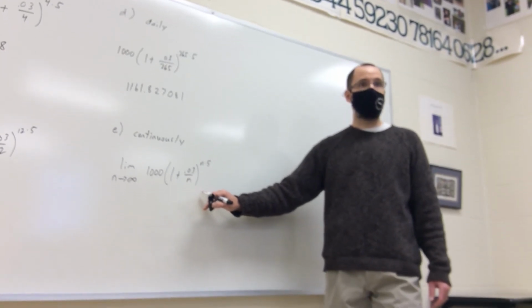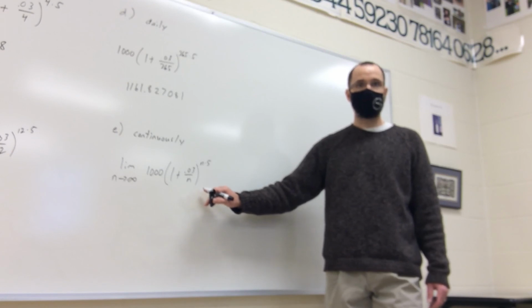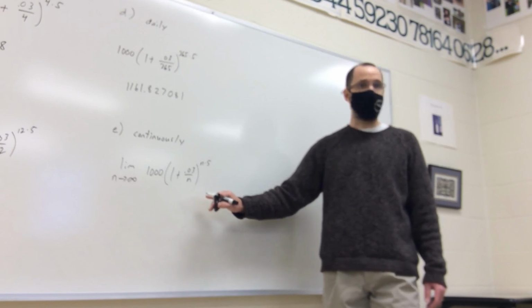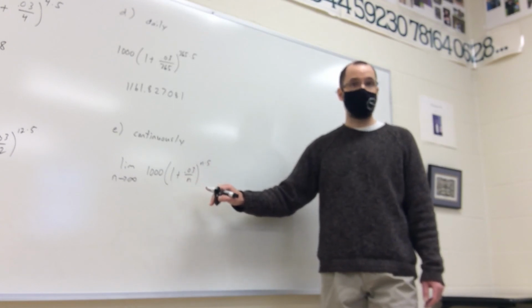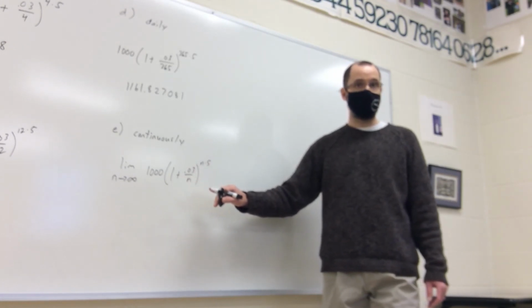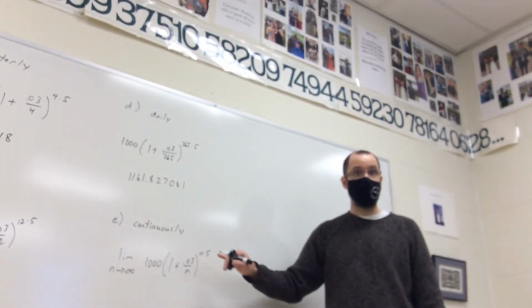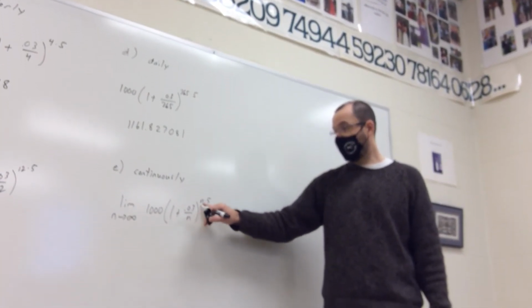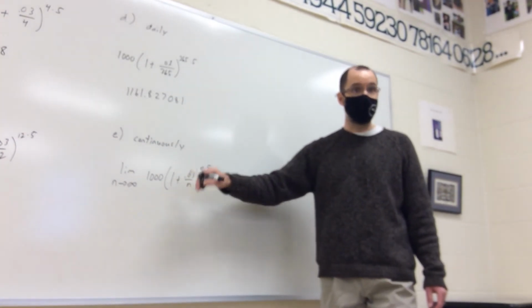So since it's not actually possible to constantly give interest, we're just going to see what happens if we make this n get bigger and bigger. We already sent it to 365, which is pretty big, but now we're going to send it to 1,000 and 1,000,000 and 1,000,000,000 and see what that's getting close to.